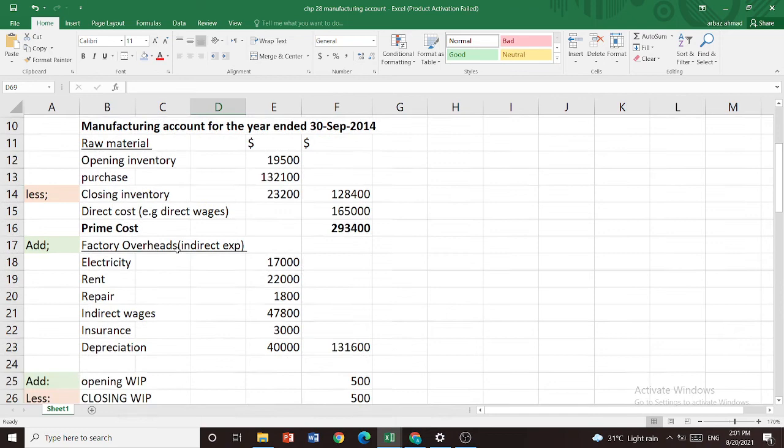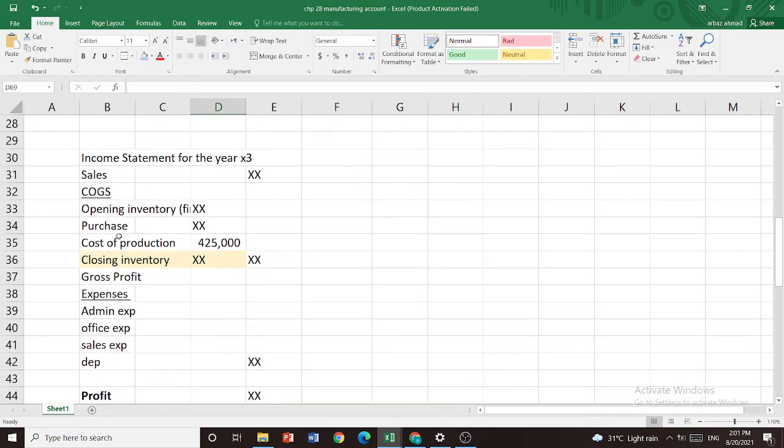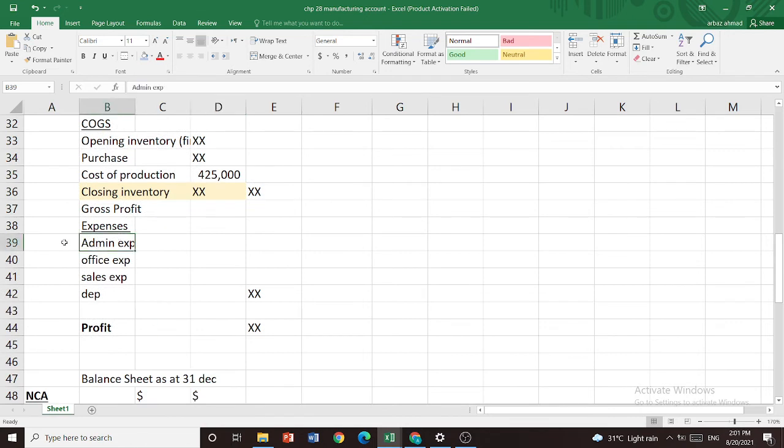For example, the first one is admin expense, so we know admin expense will go in the income statement, so you write I beside it. So it's easier for you when you are making the income statement and the manufacturing account. You can take all the I items and put them in the income statement, take all the M items and put them in the manufacturing account.